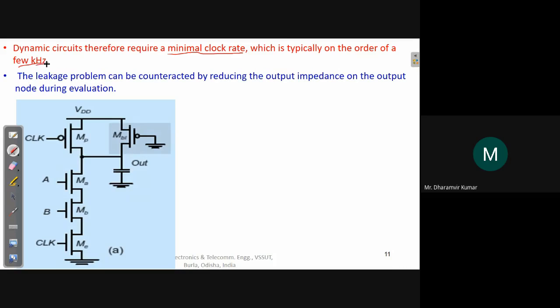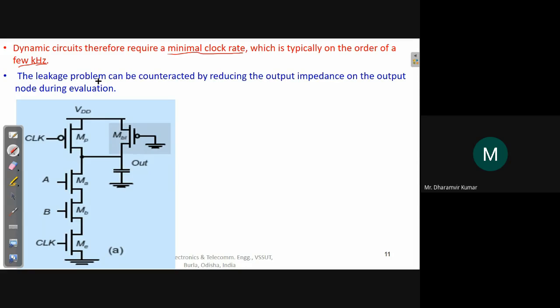It should be just fast enough so that it recharges the charge content of the load capacitance before it gets discharged. So it should have at least that speed of the clock signal which is being applied at the input of these dynamic gates.